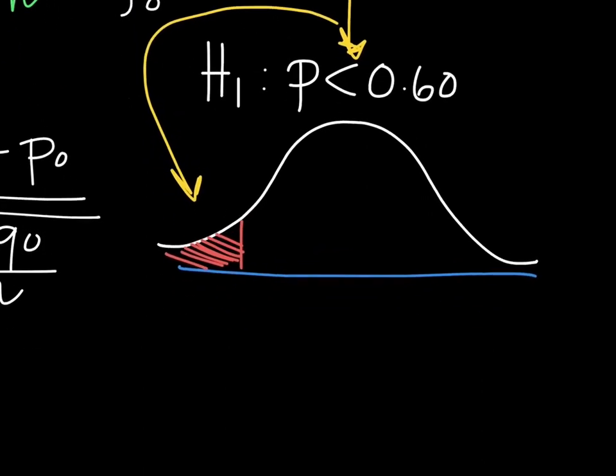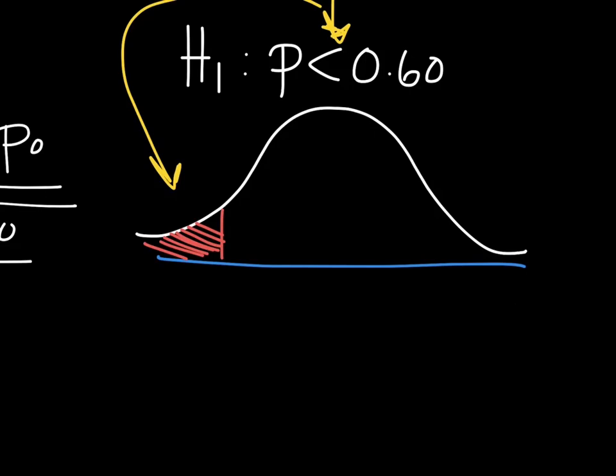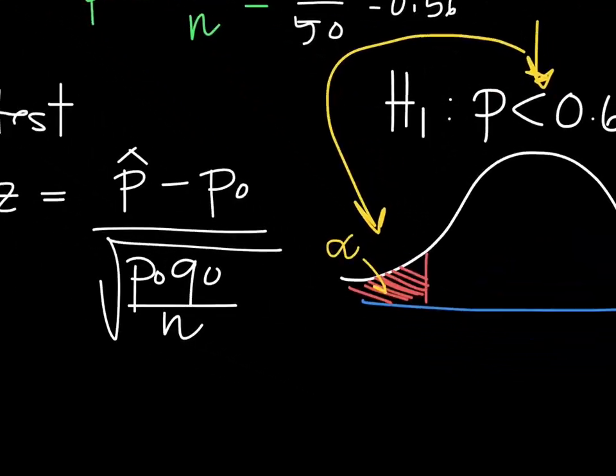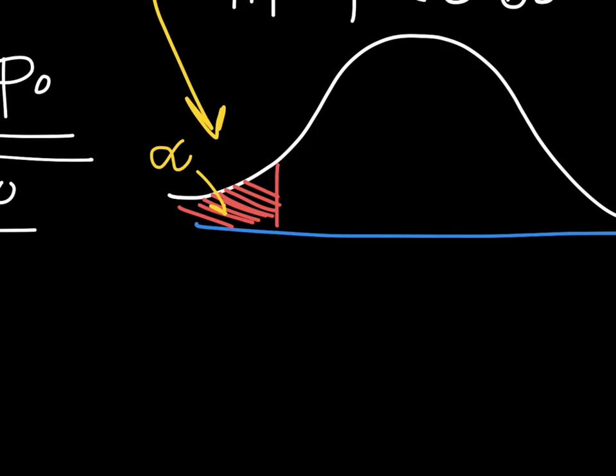Now, since this is just a one-sided z-test, that means the alpha is concentrated on the left. So this red area here is the alpha. And since the alpha set in this study is 5%, that means this red region has an area of 0.05.